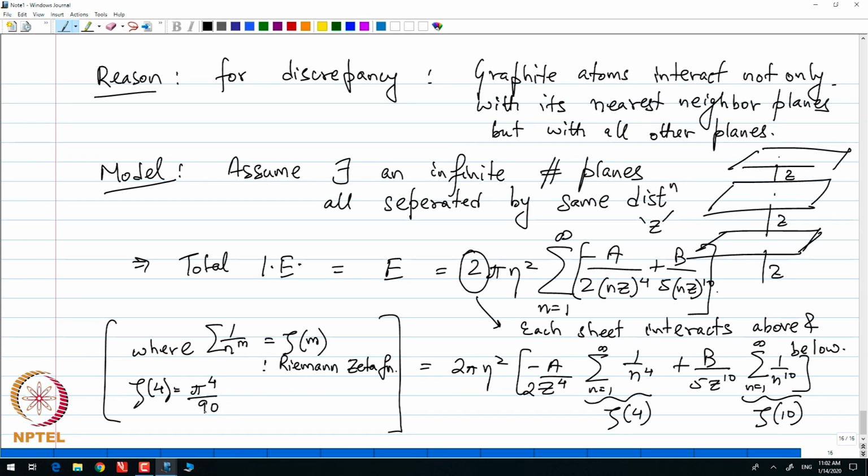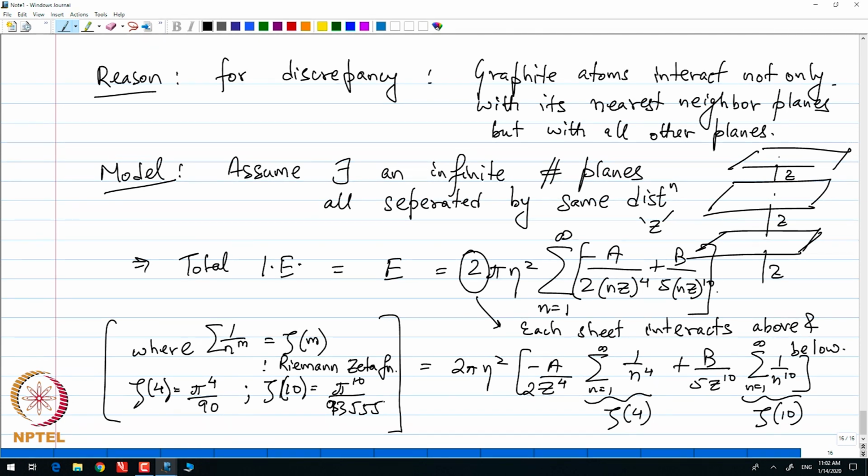I am just writing the answers, and the Riemann zeta function evaluated at 10 is pi to the power 10 by 93555. Okay. So, again I have picked up the handbook of mathematical functions and found out these values.